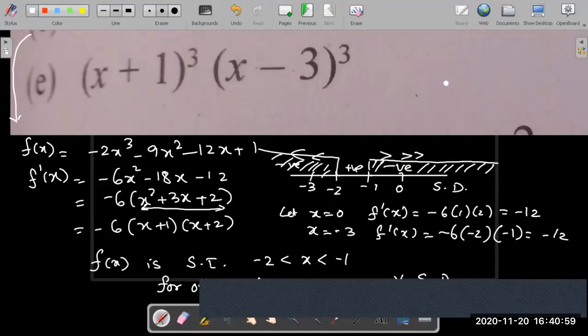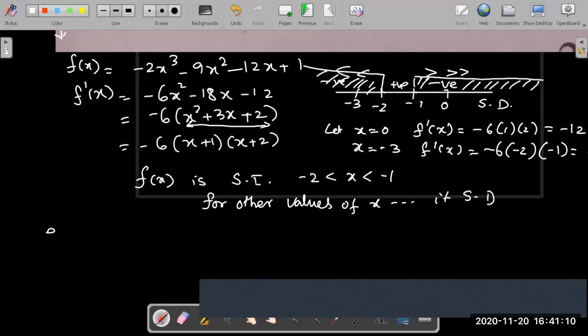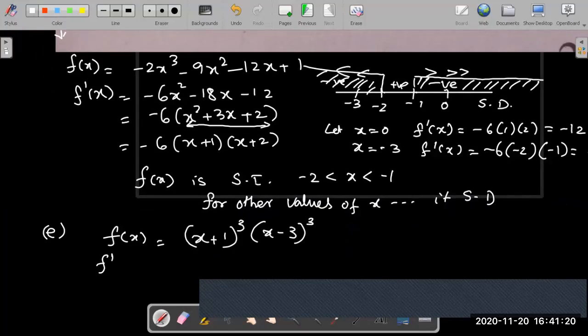E, x plus 1 whole cube into x minus 3 whole cube. This is the question. E, f of x equal to x plus 1 whole cube times x minus 3 whole cube. So f dash x.